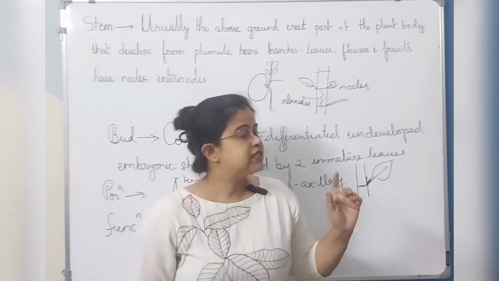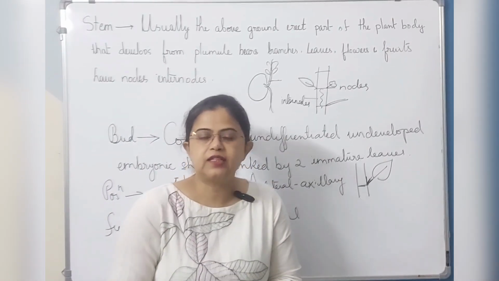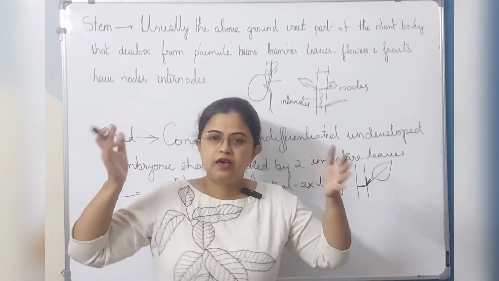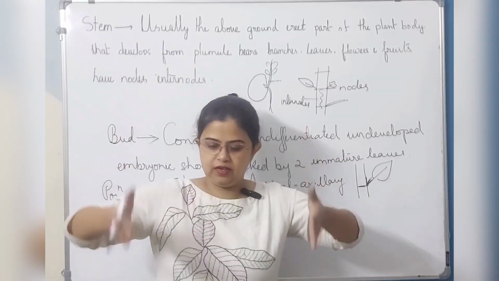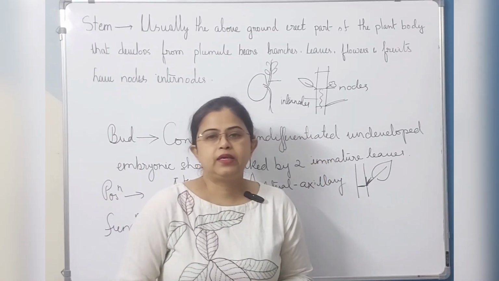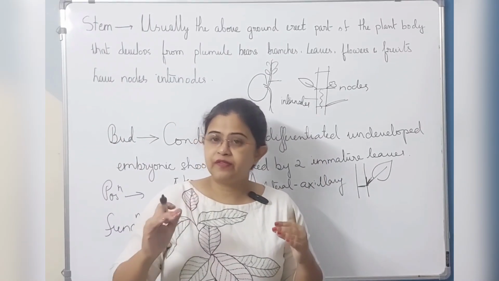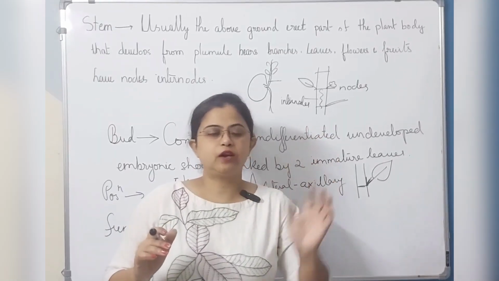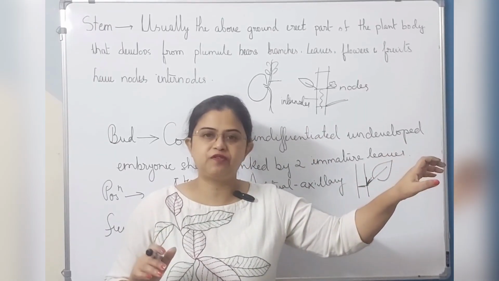So अब stems भी modifications दिखाते हैं. Most of the stems are erect, above the ground, and aerial. Aerial means like they are growing up straight. But some are above the ground, but they are not erect. They twine around, or they coil, or they take the help of something.